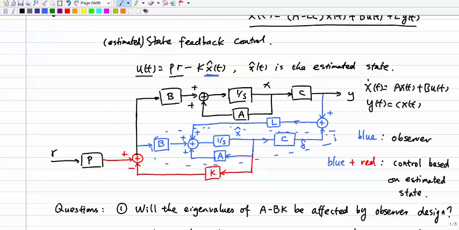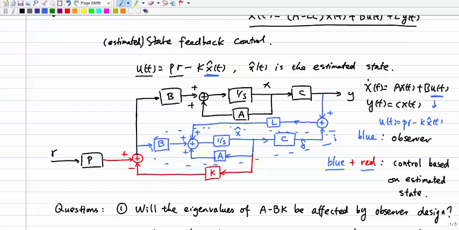We do a feedback. This is the blue, and the red one is called control based on the estimated state. Because this is the estimated state, we pull it out and give K as my feedback control gain, and use pr minus K x hat, which goes to my B. So this u is pr minus K x hat(t).